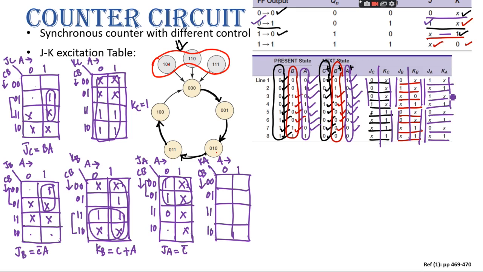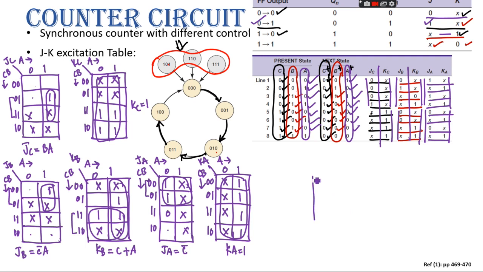So here you can say don't care 1, and then don't care 1. So we can take 8 ones in a group, right? Yes, sir. So KA should be 1. Now what should be my circuit?